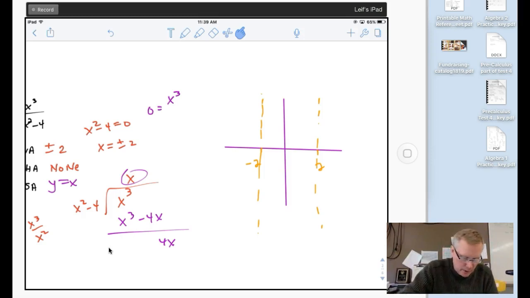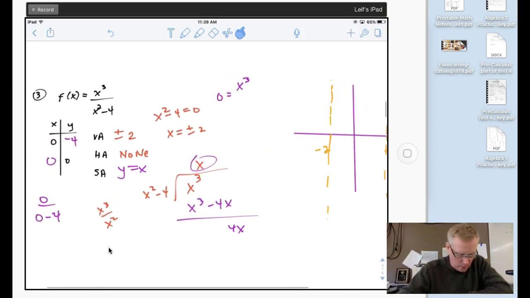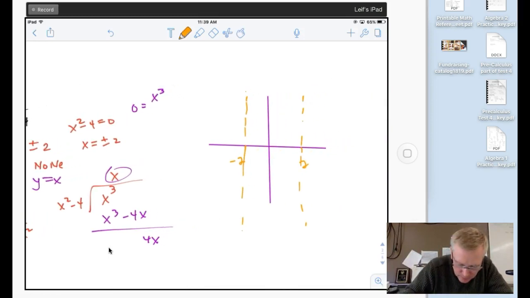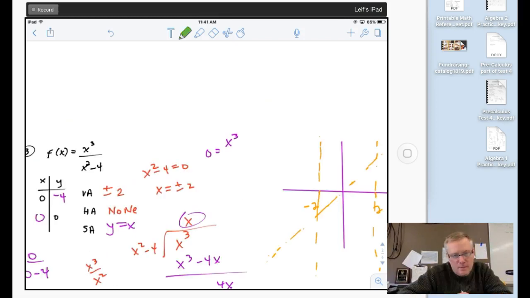And I've also got, I got no horizontal one, but I got the slant one going through y equals x. So this is kind of interesting. Okay. So I got my 3 asymptotes. The other thing that I noticed here with this is I got these x's. I got x squared times.